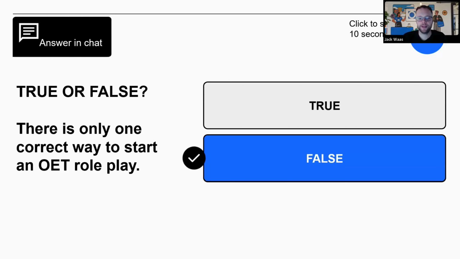All right, the answer here is false. There's more than one way to start an interaction, right? There's not only one. Okay, there's a couple different ways that you could do this. All right, so let's go ahead and talk about this now.